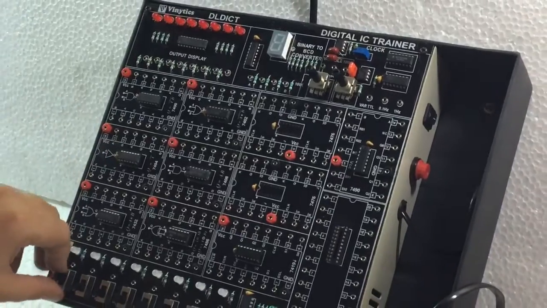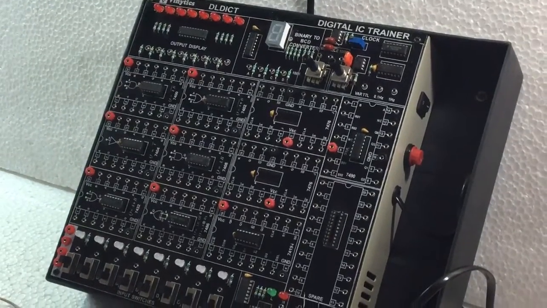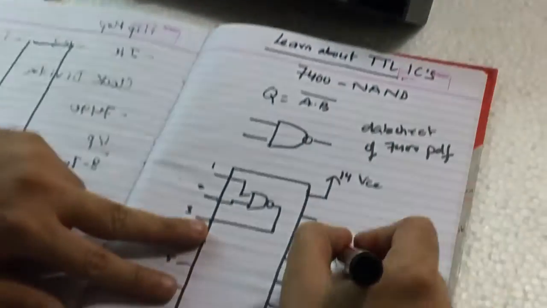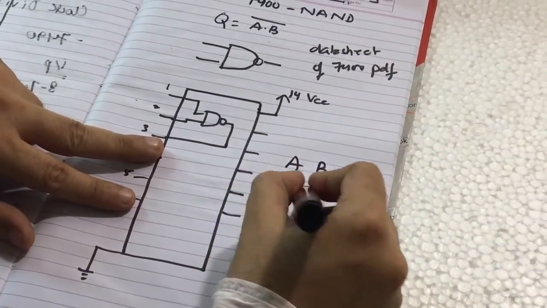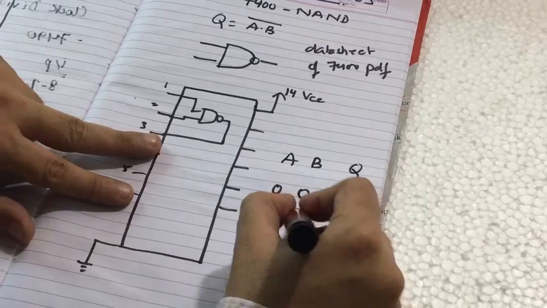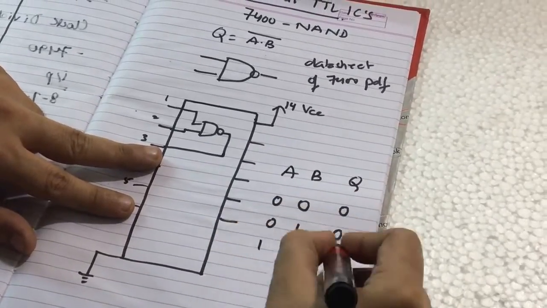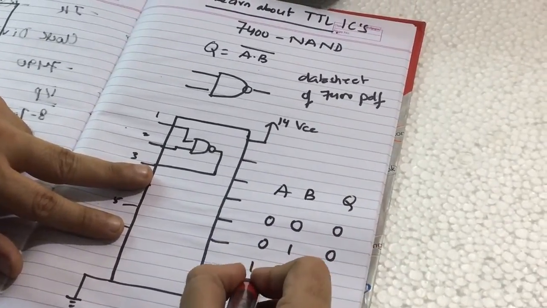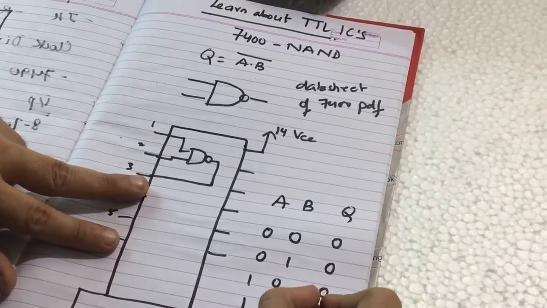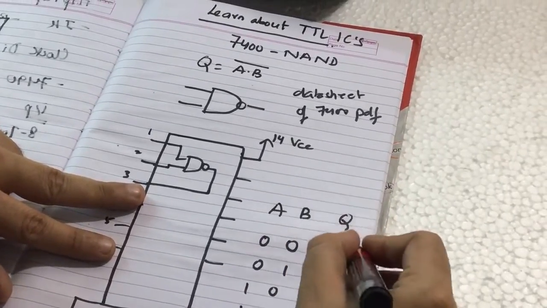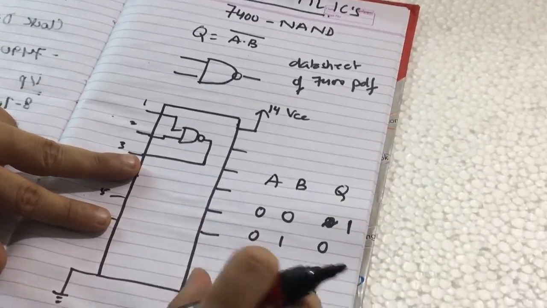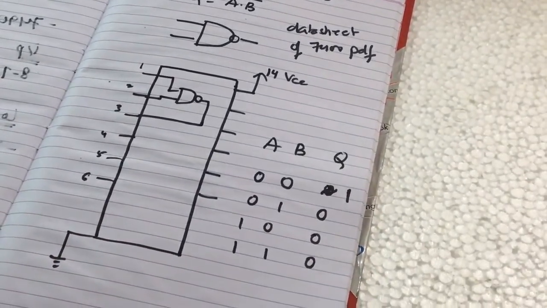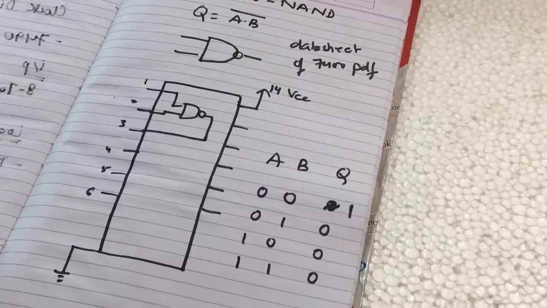For any condition that I give, for example, 0 0, 0 1, 1 0, 1 1. So this is the table for a NAND gate, and now I have to verify it using my kit.